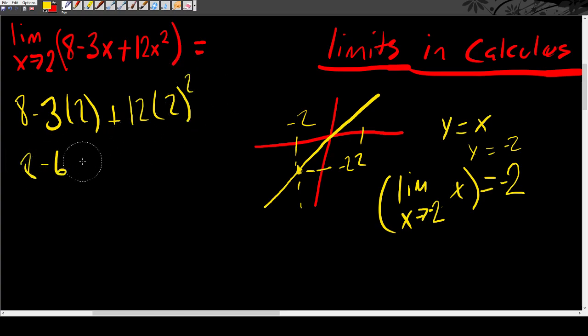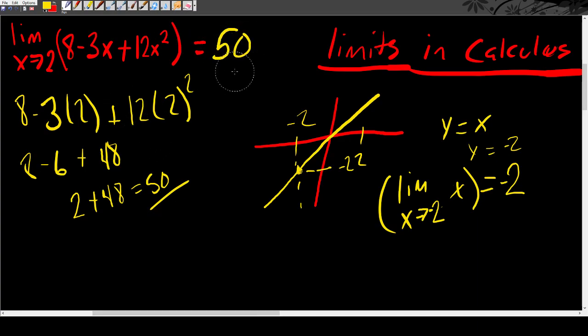So 8 minus 6 plus 12 times 4, that's 48. So 2 plus 48 equals 50. So 50 is your answer here. Equals 50. Okay.